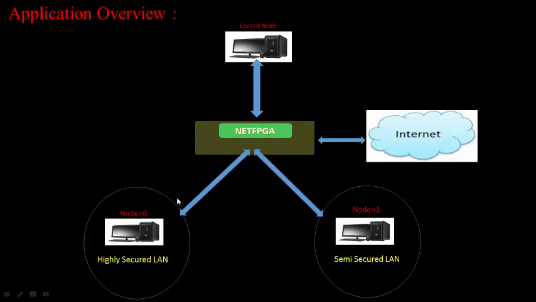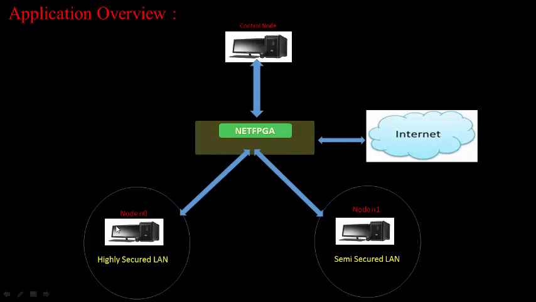As you can see here, we have two internal nodes, node N0 and node N1, and then we have the internet at the other end, and here we have our gateway and NetFPGA router. Node N0 is like a highly secure LAN, and node N1 is like a private semi-secure LAN. So we divided our internal LAN into 2 parts.